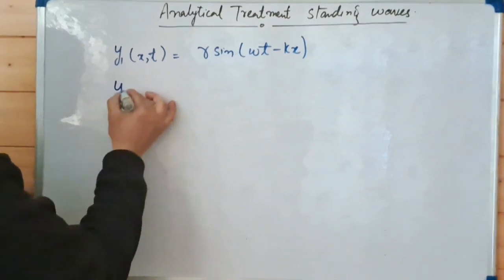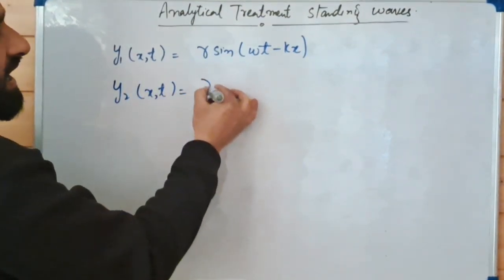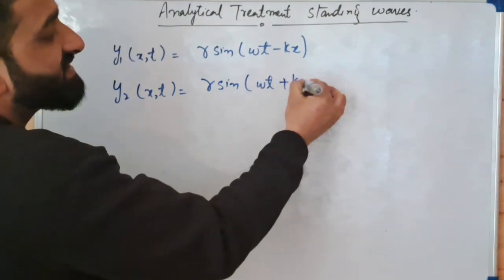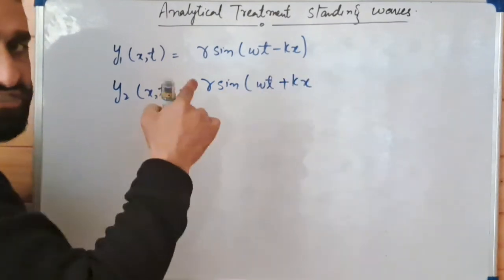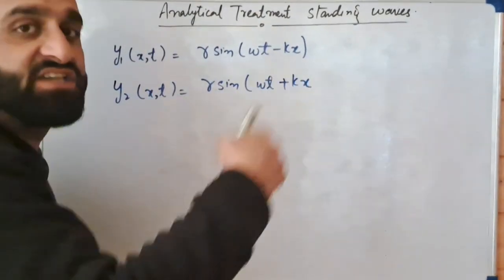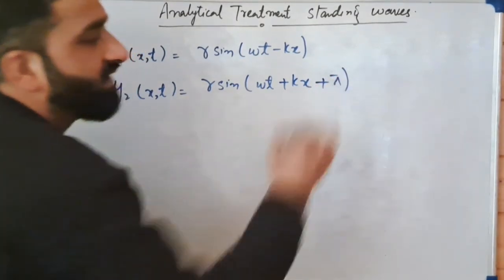So mathematically it is given as y2(x, t) is equal to r sine of (omega t plus kx), where minus kx is towards the positive x direction and plus kx towards the negative x direction. And in addition, the phase difference here is pi, that means plus pi or 180 degrees.